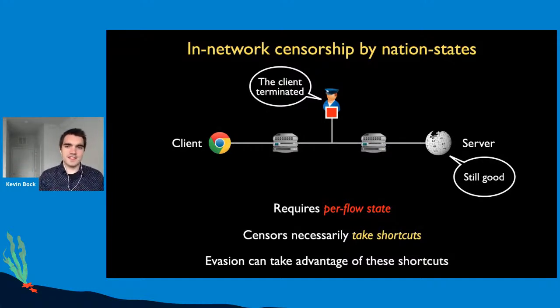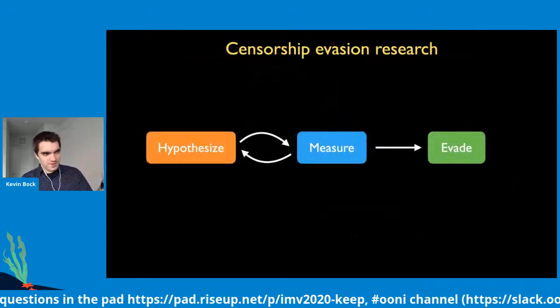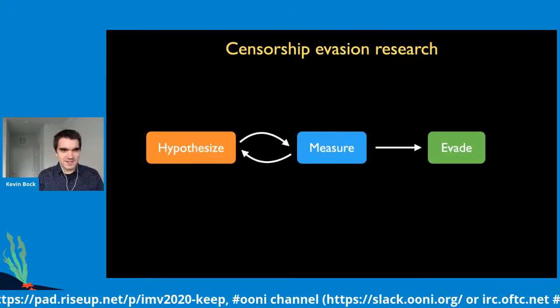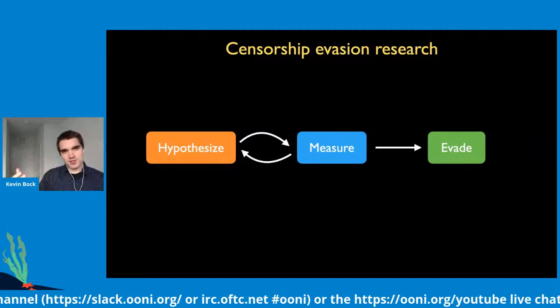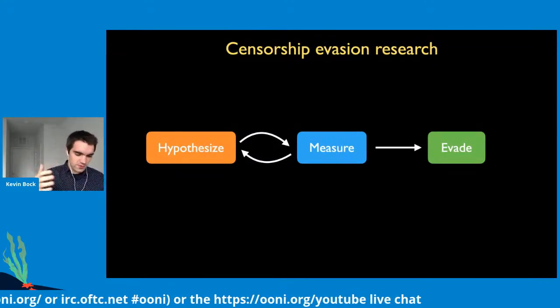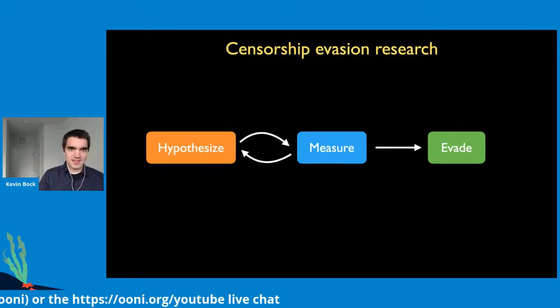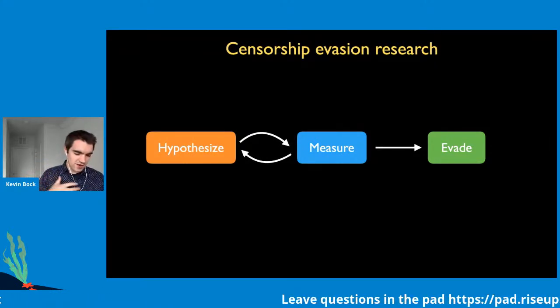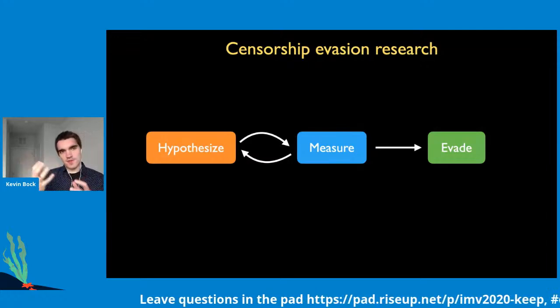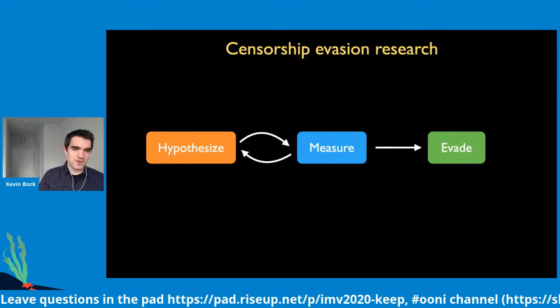And the problem with this is it really comes down to how we've always approached research in this space. The way we've done this has always looked a little bit like this. We make hypotheses, we take measurements, and even as tools like UNI, IceLab, Censored Planet, et cetera, have been crushing it in the measurement space, we still need us human researchers to consume that data and make hypotheses about what's going on.